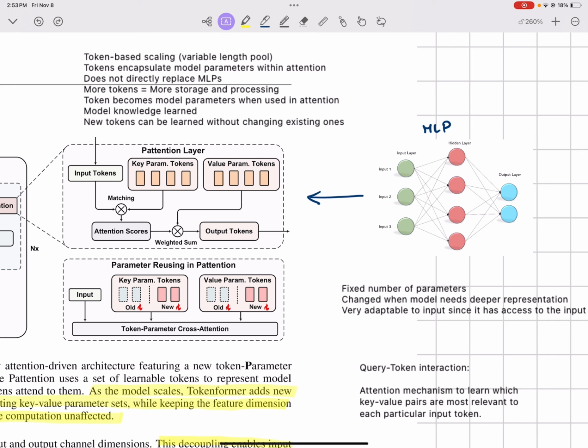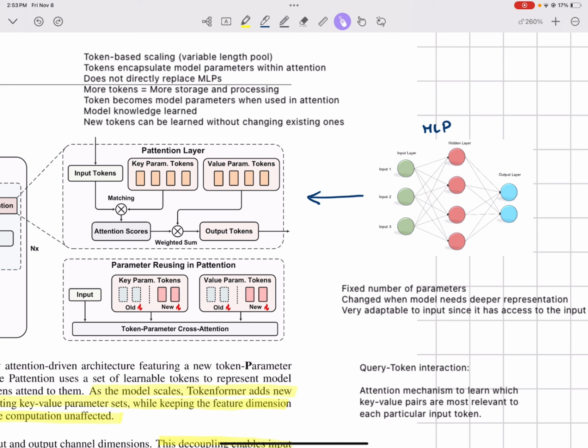So the most important idea in this new architecture is that it's all about tokenized models. In a way it's sort of like the death of the MLP, because they're going to be replacing the MLP right here with this new P attention layer.